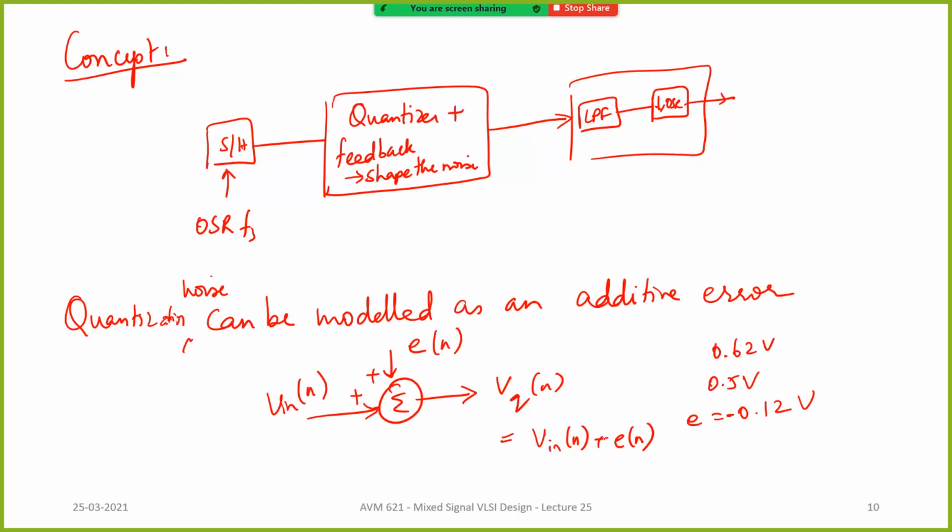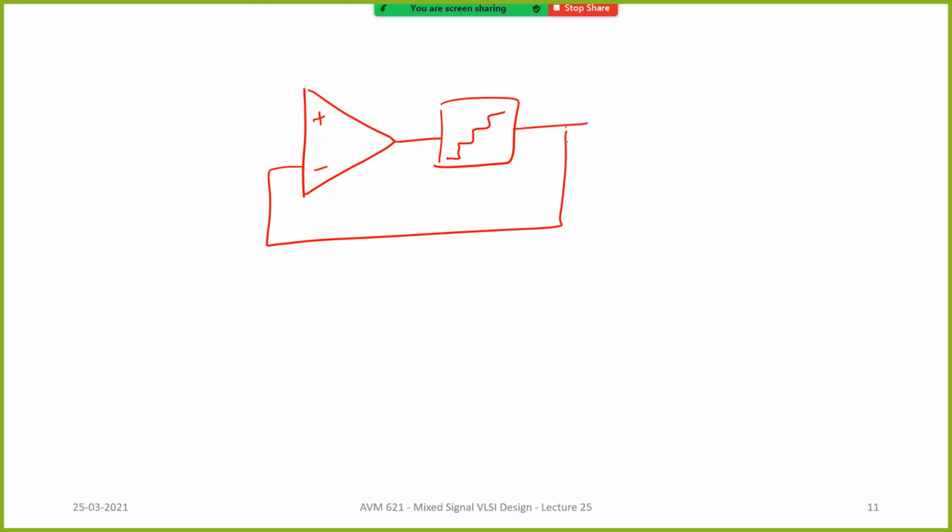Okay. Now let's throw a small feedback loop around this. What is a small feedback loop? Let's say we take an op amp, and we put this quantizer. Okay, so this is a typical way to denote a quantizer. Let's say we put a unity gain feedback loop.